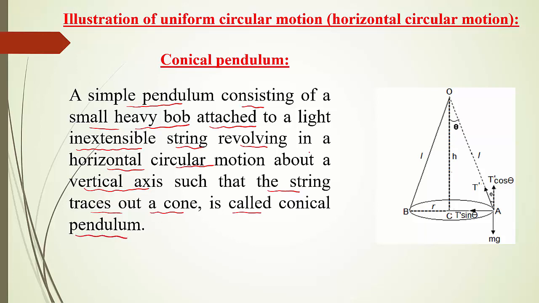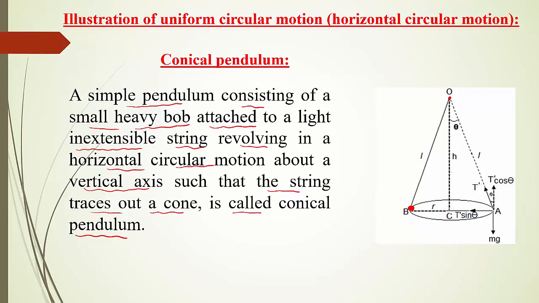See here, we considered a small heavy bob at point B. This bob is attached to a light inextensible string, or you can take a thread. The thread is connected from O to the pendulum B. When this pendulum starts to move in a horizontal circular path and traces out a cone, we will get a cone form, so we can call it a conical pendulum.